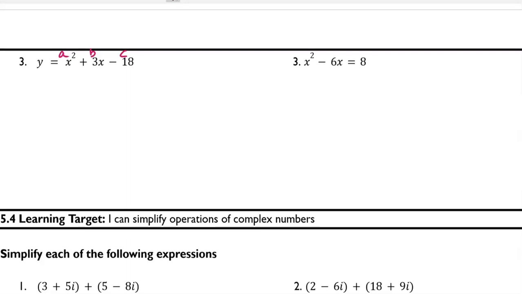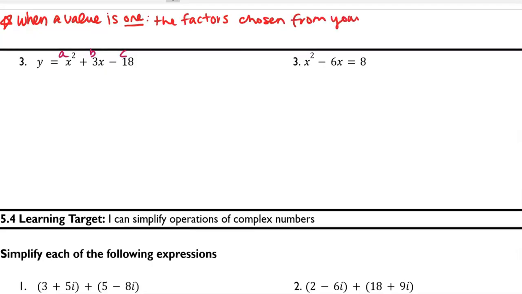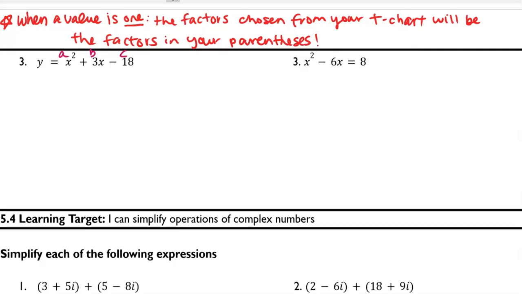When your a value is 1, the two factors that you choose from the t-chart are going to be the factors in your parentheses. So that's a cool little trick, and I'll show you.